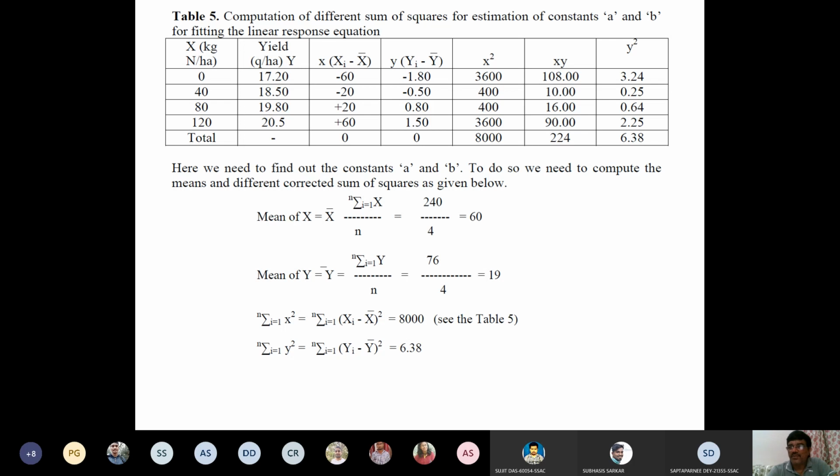So you can make the total of these 4 values, which is 6.38, and this is summation y square, the total sum of square. 224 is the summation xy, and 8,000 is summation x square, and the means are 60 for x and 19 for y.